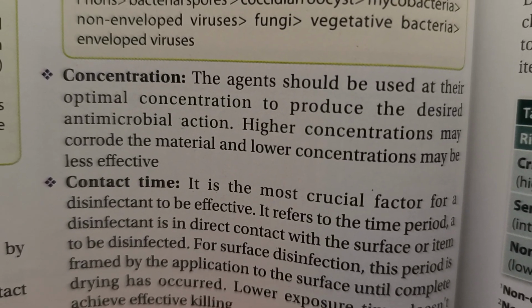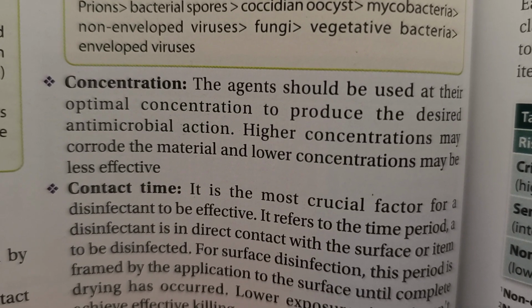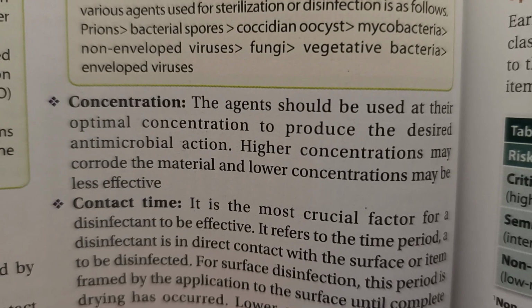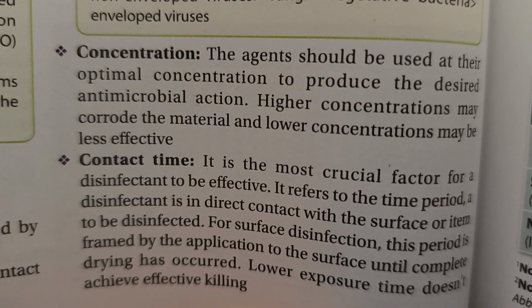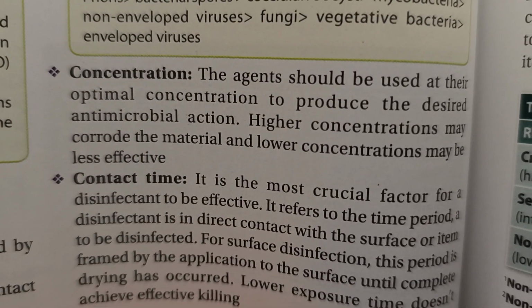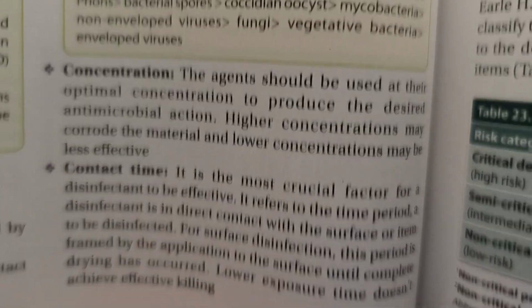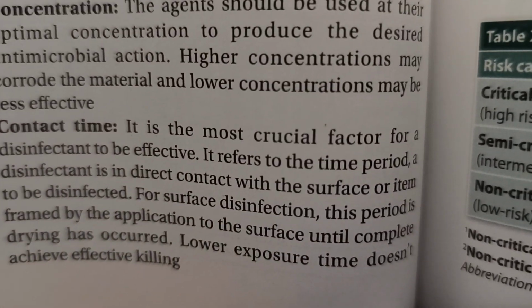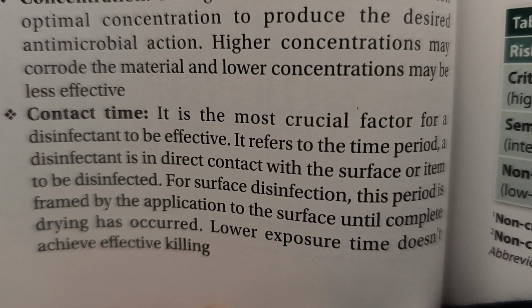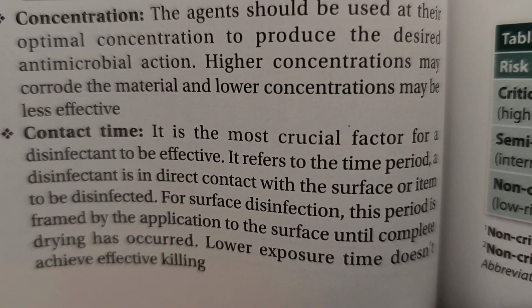Concentration. The agent should be used at its optimal concentration to produce the desired antimicrobial action. Higher concentration may corrode the material and lower concentration may be less effective. Contact time. It is the most crucial factor for the disinfectant to be effective.